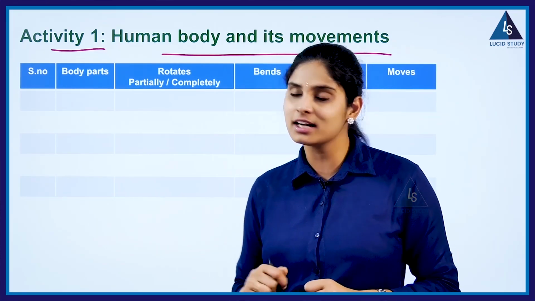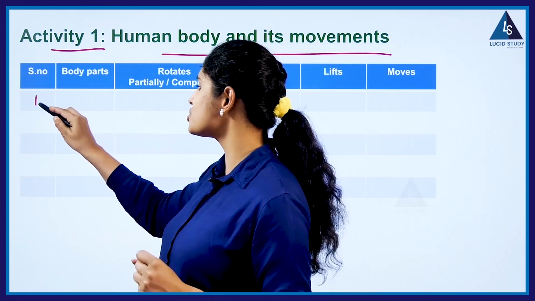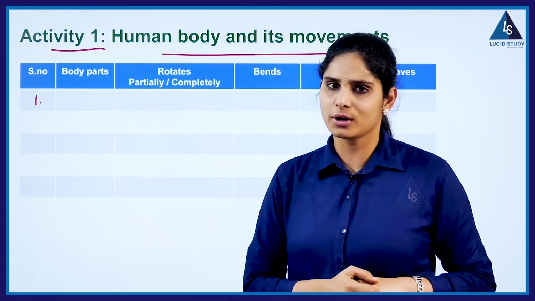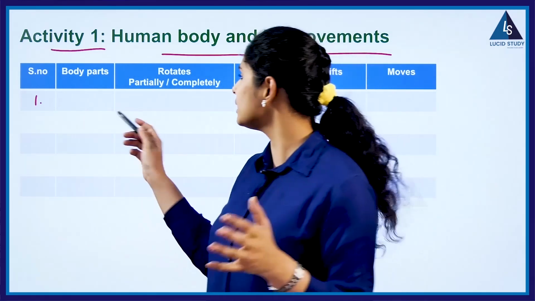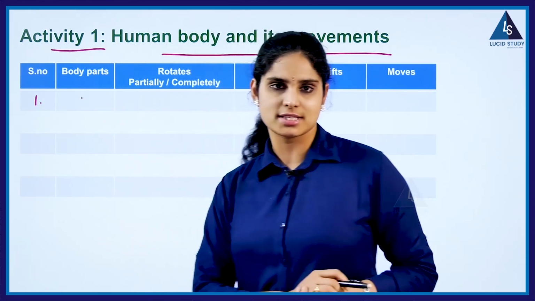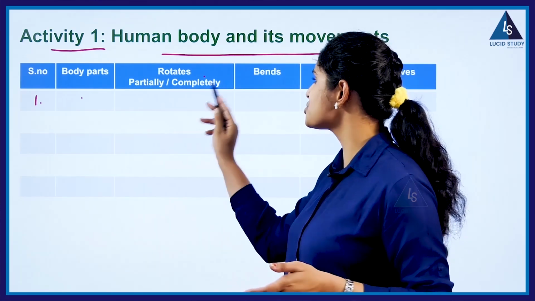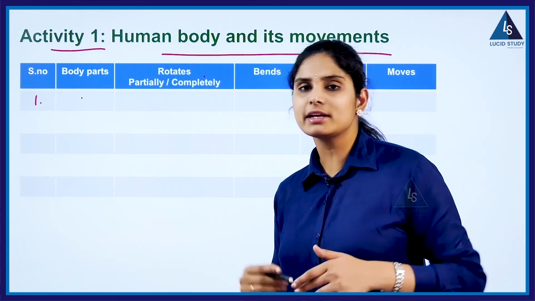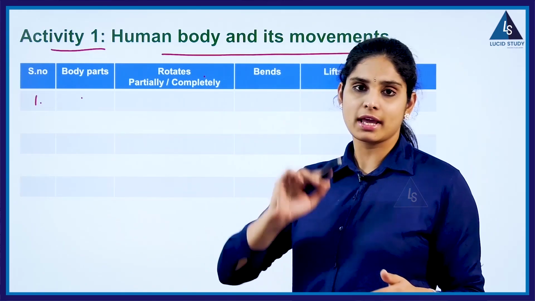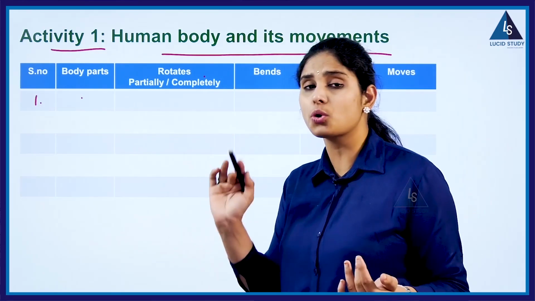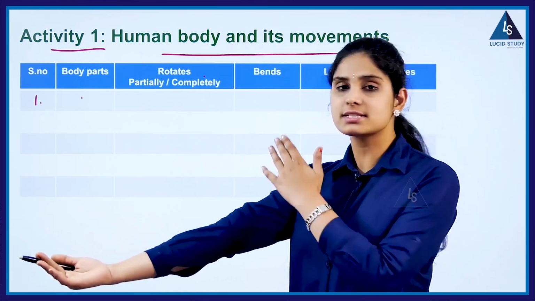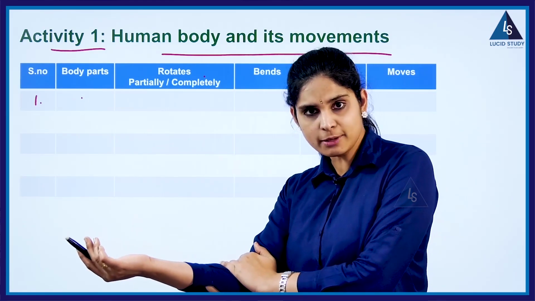Then what do we do here? As you can see, we have mentioned some serial numbers. Okay, so here we mention body parts. Okay, here we are going to see whether it rotates partially or completely. Completely means whether the hands rotate completely, and partially means only halfway. For example, this is my hand now and this is my elbow, right?